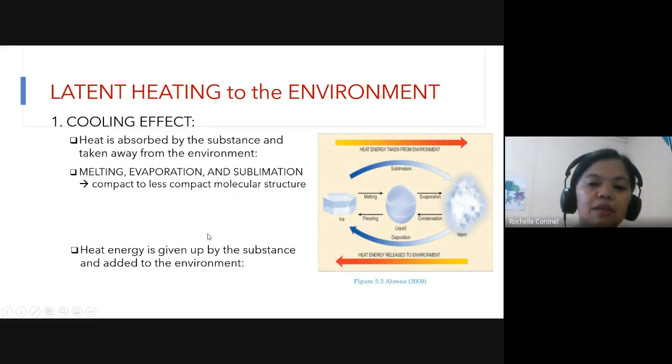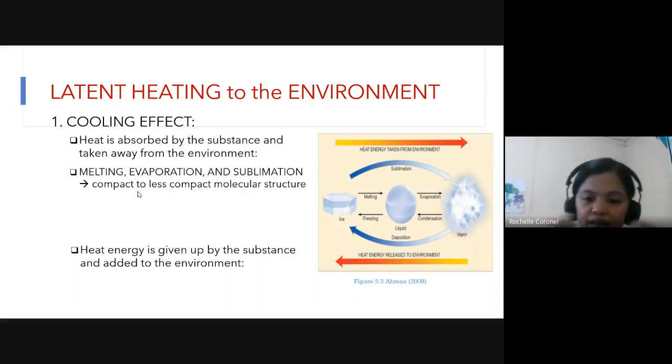The common denominator of these processes is that they go from a compact molecular structure to a less compact one. So it needs more energy. It needs energy to cut the bonds between these molecules and allow more movement. So basically, the kinetic energy among molecules increases. Right?